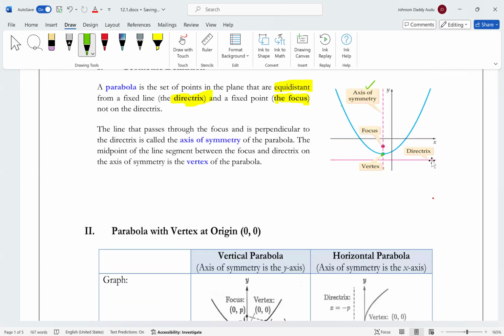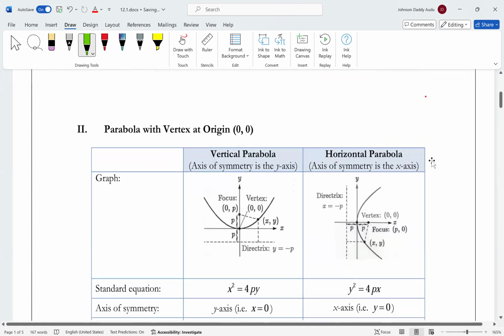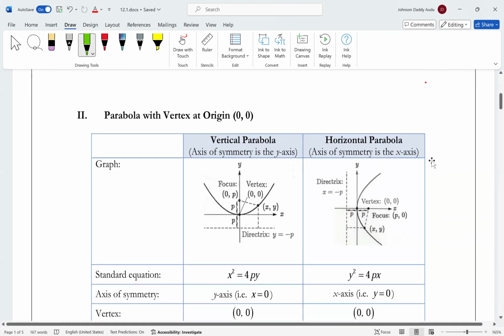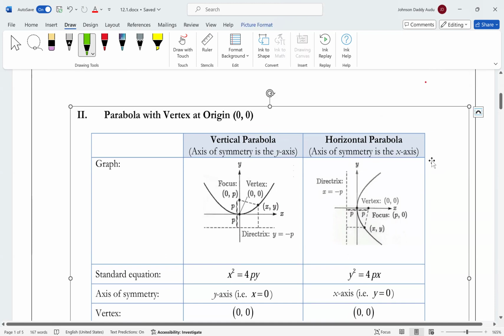Now let's discuss types of parabola. Here we'll start with the parabola where the vertex is at the origin. Remember we said the vertex is either the minimum or the maximum point in a way, but that is based on our definition of chapter 3. Now we have more because we have two types of parabola here.